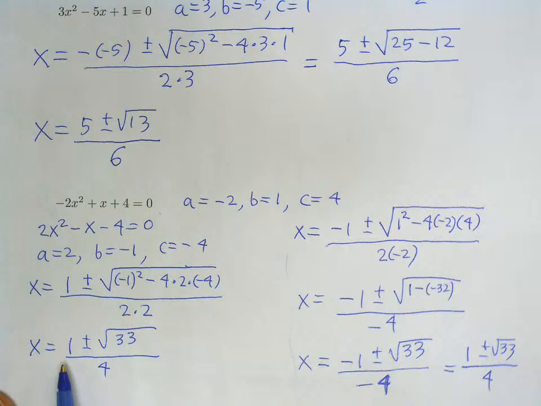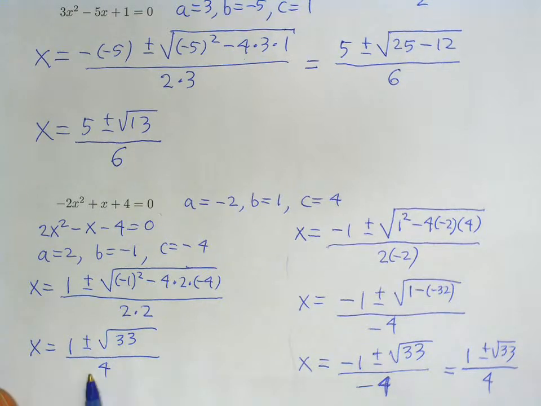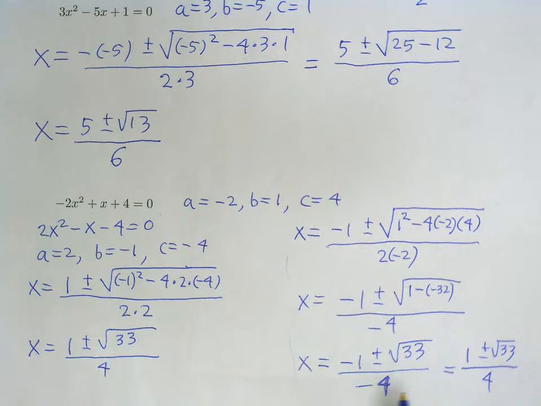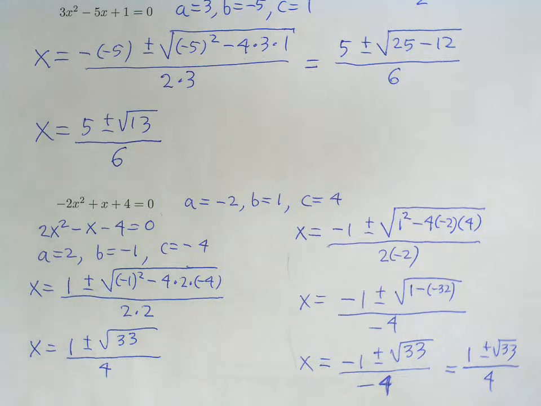So you can see that the solutions are exactly the same. And you didn't have to go through the process of changing a negative denominator to a positive. You can do it that way if you want, but you can avoid it altogether right from the start.